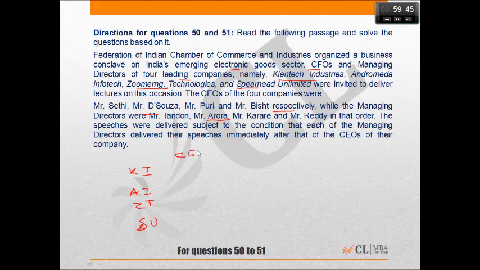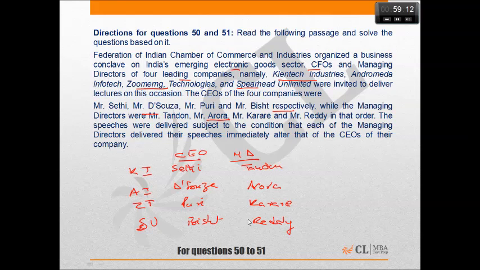The CEOs of the four companies were Sethi, D'Souza, Puri, Bisht, while the managing directors were, again in the same order, Tandon, Arora, Karare, and Reddy. And it says the CEO has to speak and the MD delivers the speech immediately after. So CEO first and then the MD.